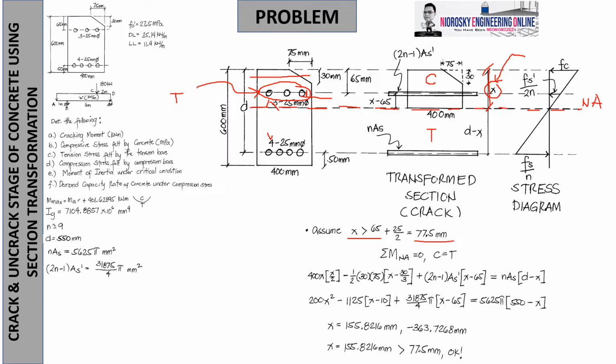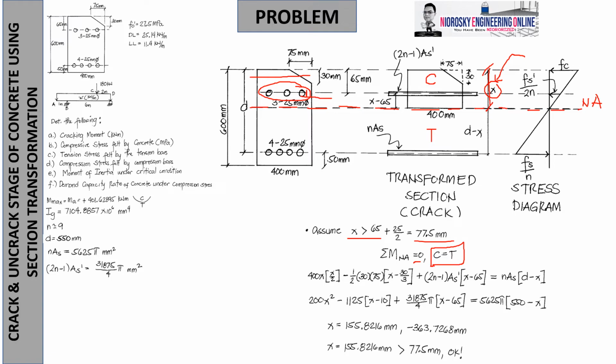Okay? So, that is not possible. So, therefore, I need to assess that the distance x is more than the rebar compression distance. No? That's why I add 25 over 2. And then, I set moment at the neutral axis equal to 0, and then C is equal to T. Ipo-prove natin bakit C is always equal to T, no? So, ganito mangyari.